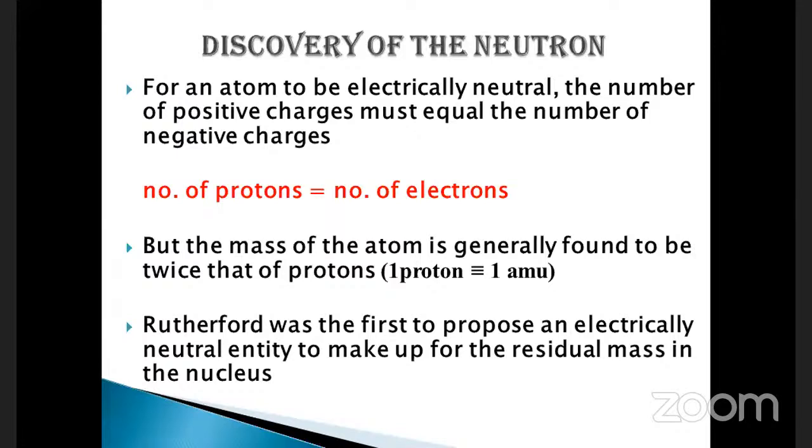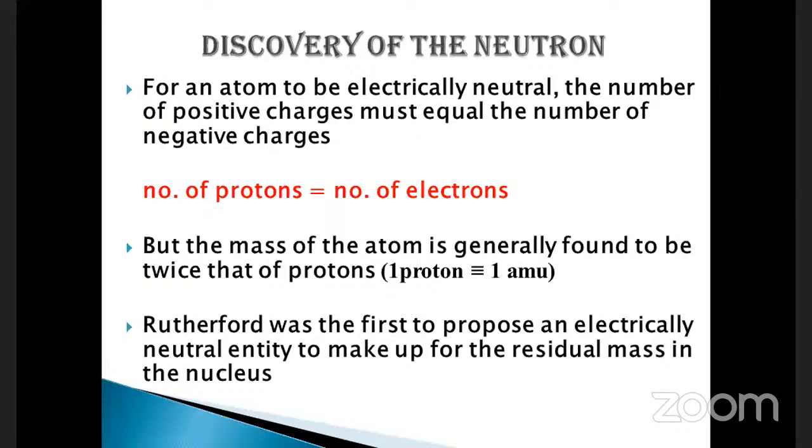Since you have positive charge and negative charge, and you know that the atom is electrically neutral, that gives rise to the postulation that there must be something that is neutral, not negatively charged, inside that core center, that is helping the protons to bind together. And that is what you have on this slide, that Rutherford was the first to propose an electrically neutral entity to make up for the residual mass of the nucleus.